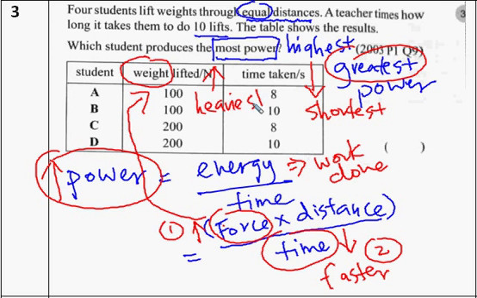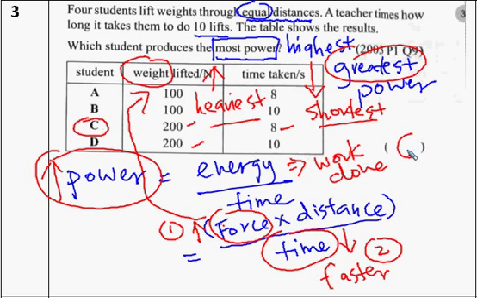So this is what I'm looking for, shortest and heaviest. So we have the options here. C and D could be a possible answer. When these two are the possible answers, we look at the time. I'm looking for the shortest time, which is C. So the best answer is C.